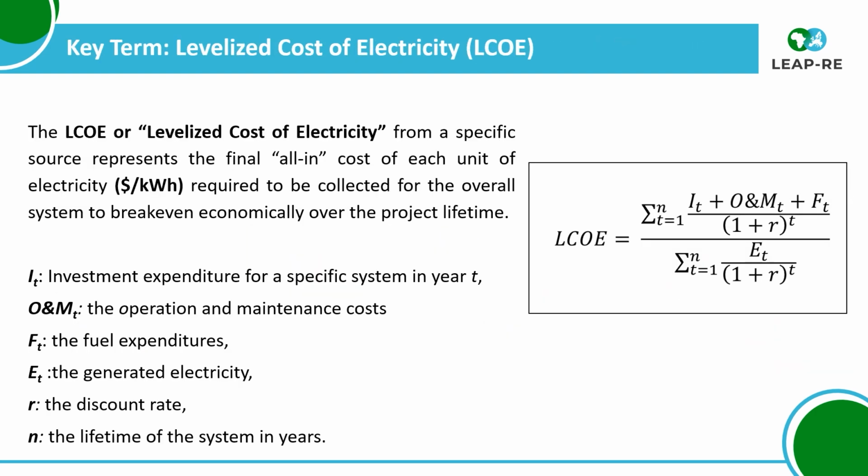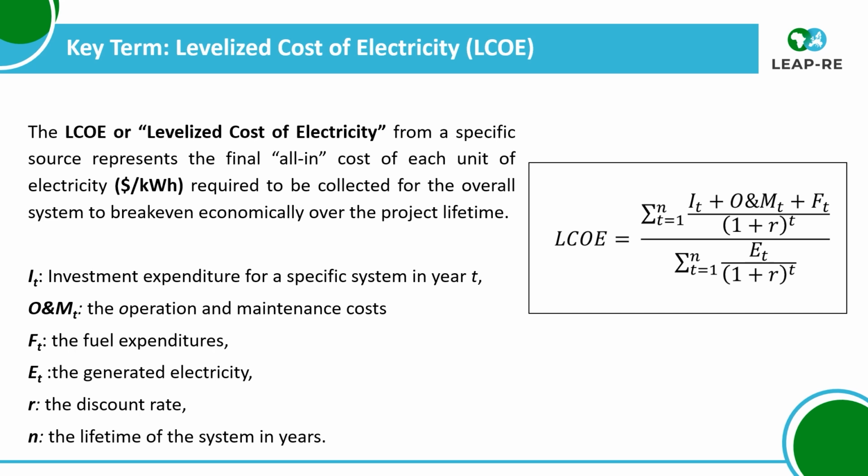Another key term that is used around the world in energy modeling, as well as in OnSSET, is LCOE, or the levelized cost of electricity. This effectively gives you one number to try and determine what the total all-in cost is required to be able to pay back a system.